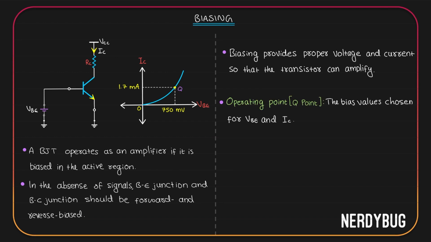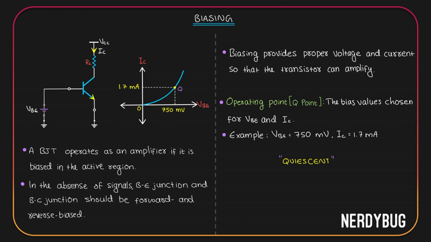It is defined as the bias values that we have chosen for VBE and IC. For example, here we have taken VBE to be 750 millivolt and IC to be 1.7 milliampere. When we say Q point, the letter Q stands for quiescent. Quiescent means inactive or at rest.